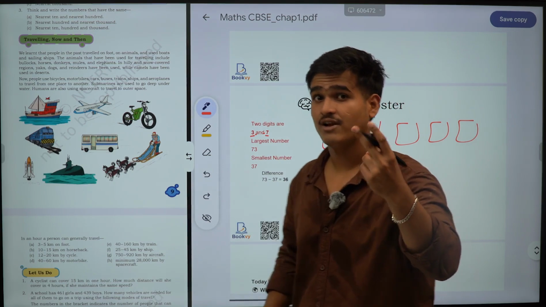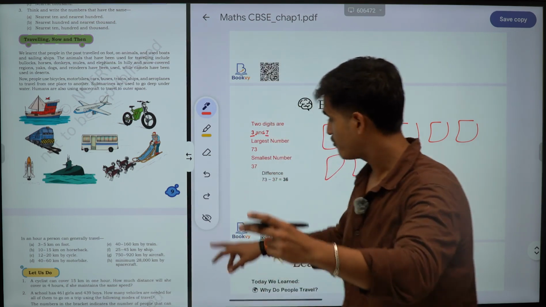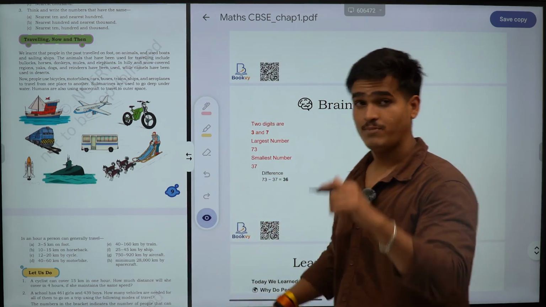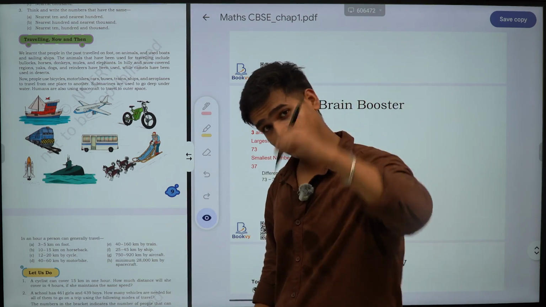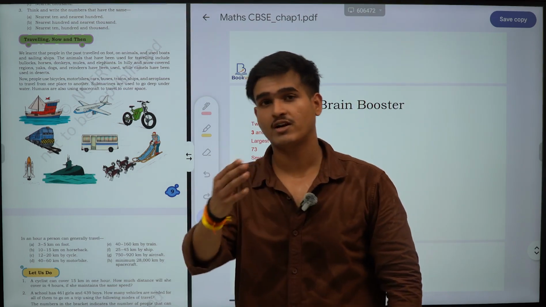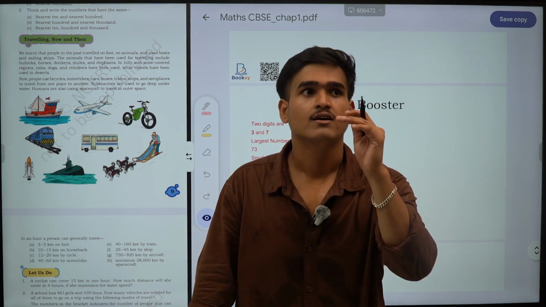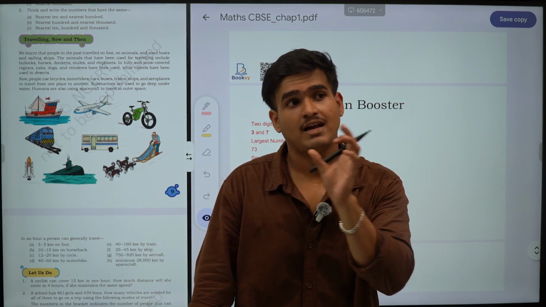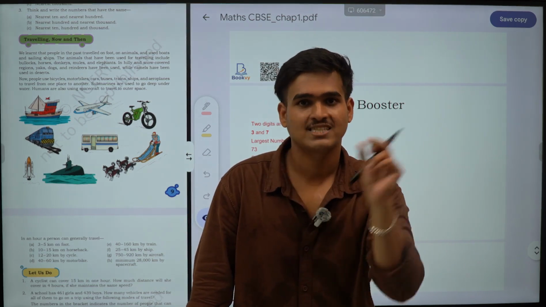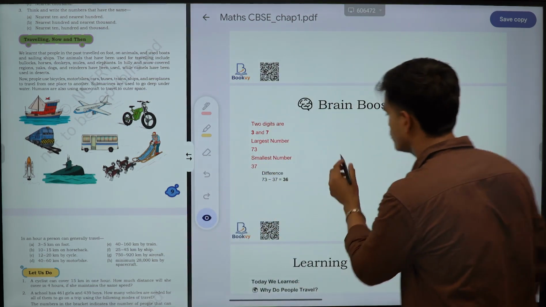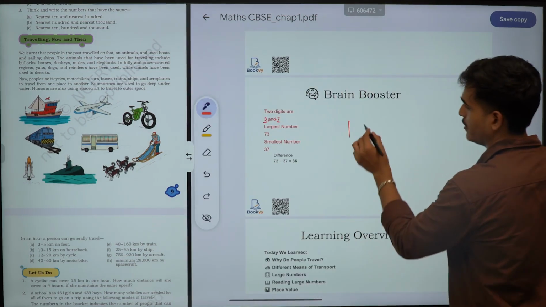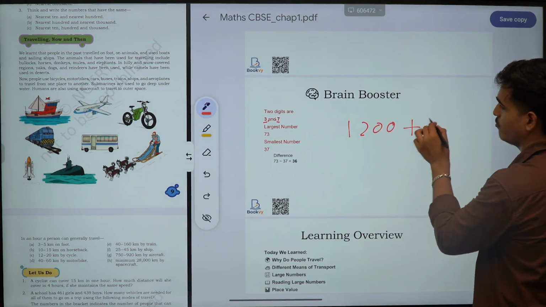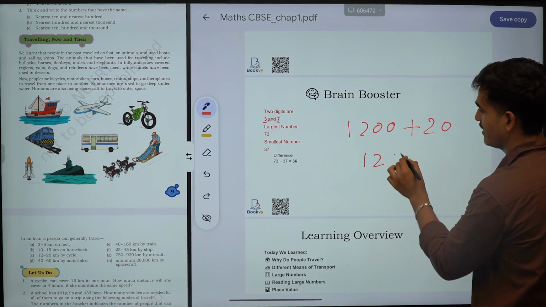Then second, we have learned the golden formula. What does the golden formula say? If your digit is below 5, you always have to go down. Suppose you have 1200 rupees and someone gives you 20 rupees extra. Now it will become 1220 rupees.